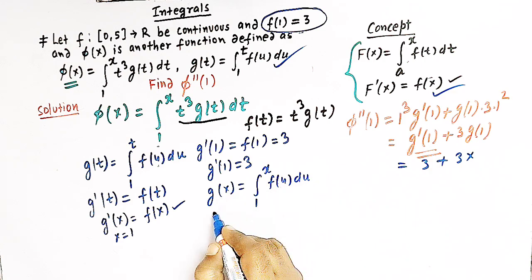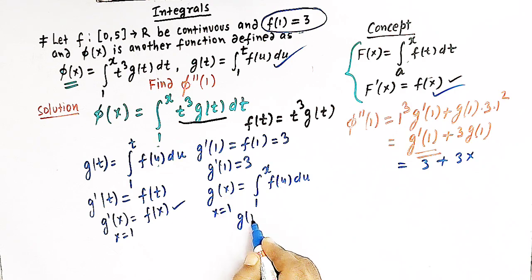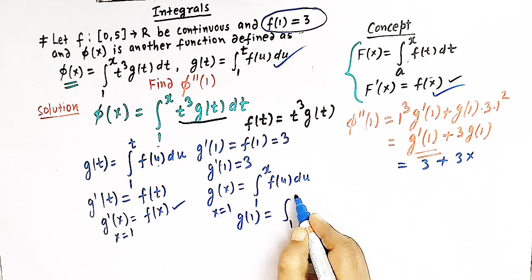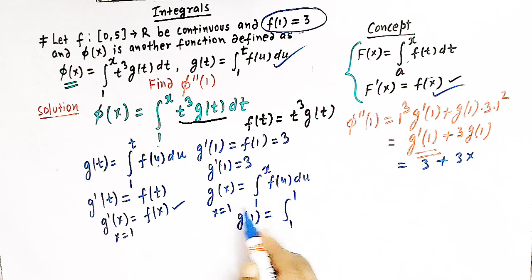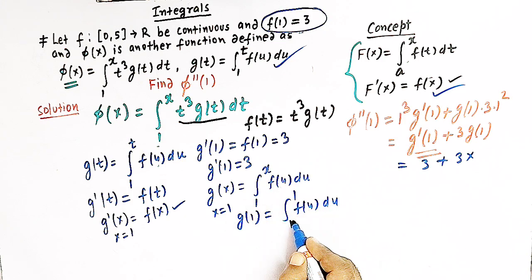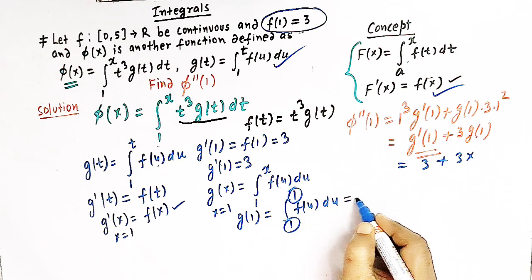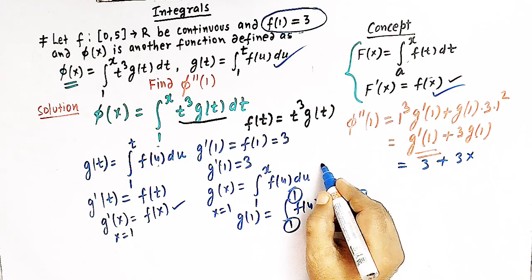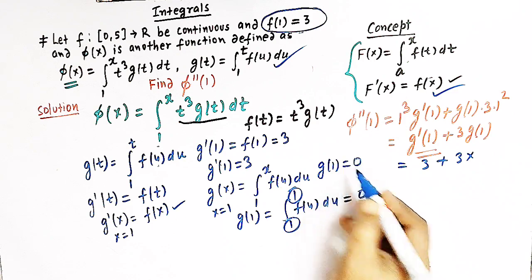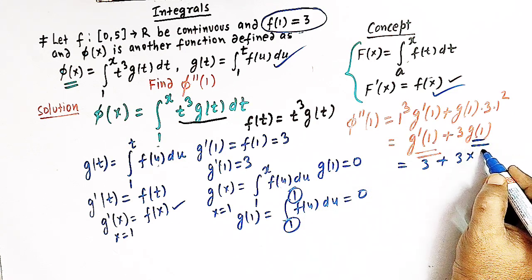So replacing x by 1, we have g of 1 is equal to the integral from 1 to 1 of f of u du. Now we can see that both the limits of integration are identical, so the value of this integral must be equal to 0, right? So g of 1 is equal to 0.